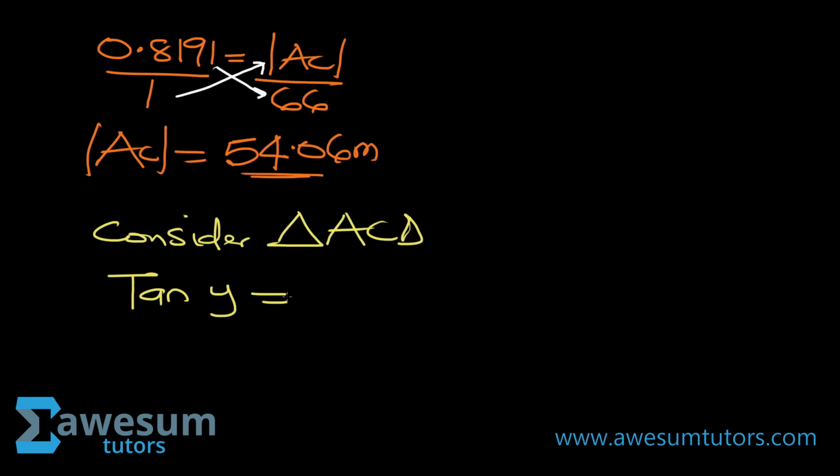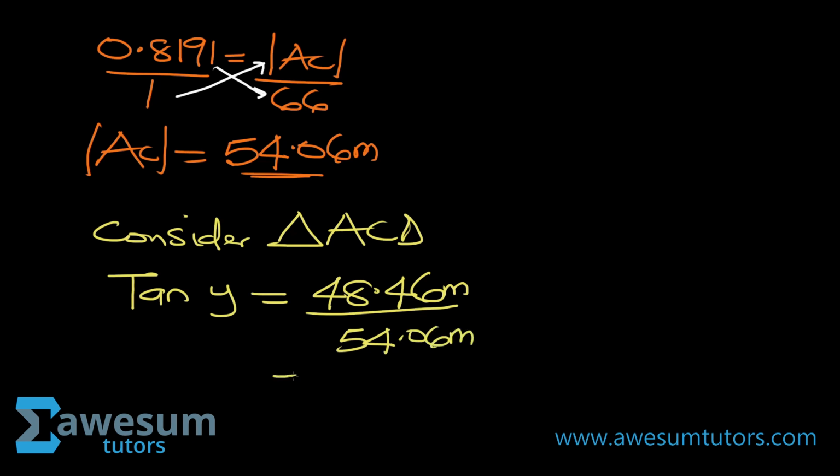We already said that the opposite is the height of the tower, which we already found to be 48.46 meters, over the adjacent. Remember, TOA. Tangent equals opposite over adjacent. So what is our adjacent right here? 54.06. We already found that before.